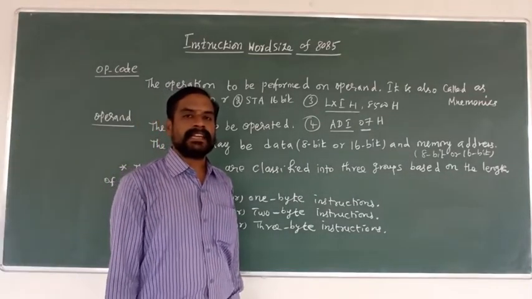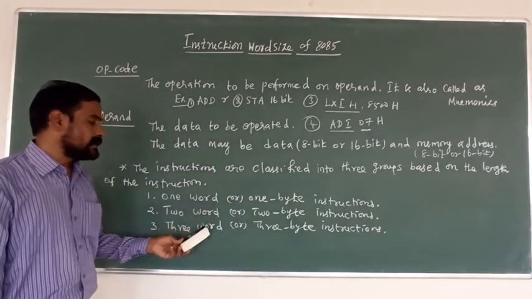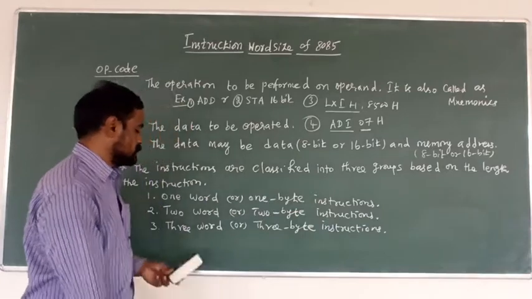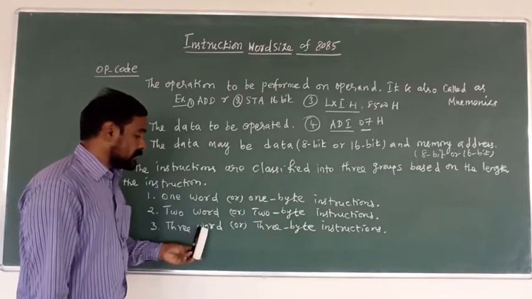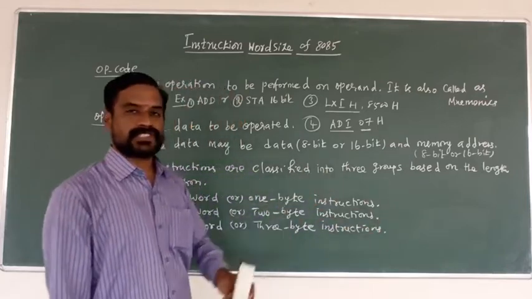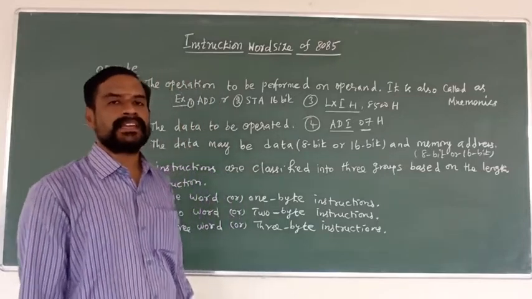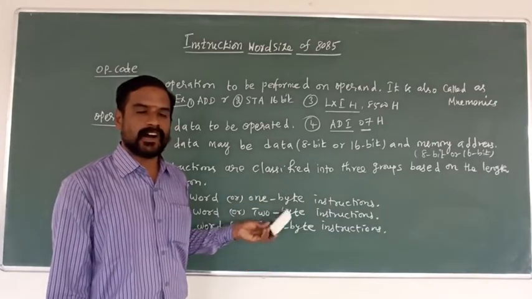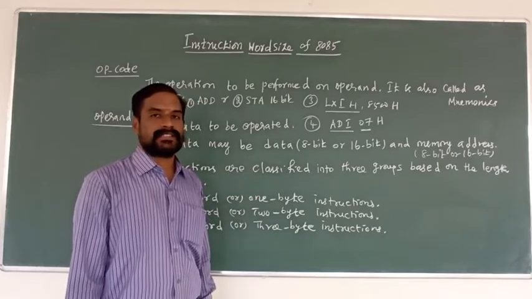Total 80 instructions, each is of one of the types: 1 word or 1 byte instruction, 2 word or 2 byte instruction, 3 word or 3 byte instruction. All the 3 consist of opcode and operands.